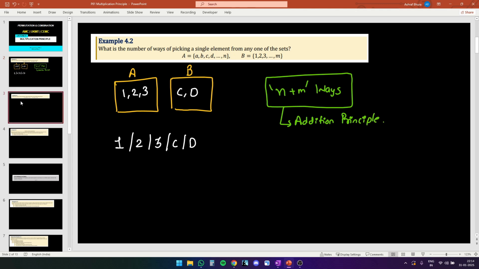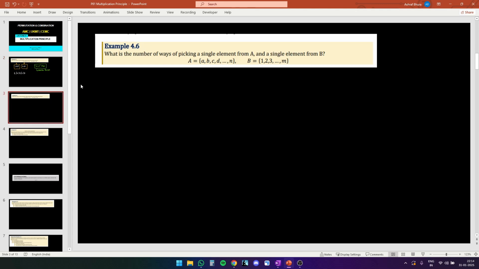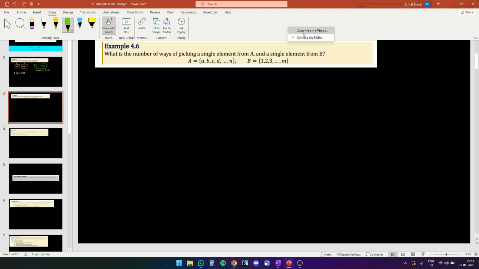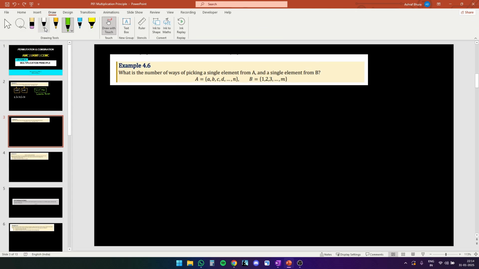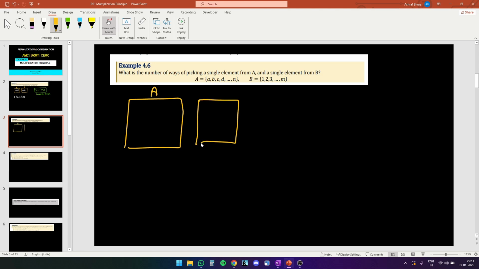Okay, opposite to this we have multiplication principle. Let's understand. What is the number of ways of picking a single element from A and a single element from B? So we need to pick up one element from A and one element from B. Let's say again we will take two sets. This is set A and this is set B. Let's take the same example.